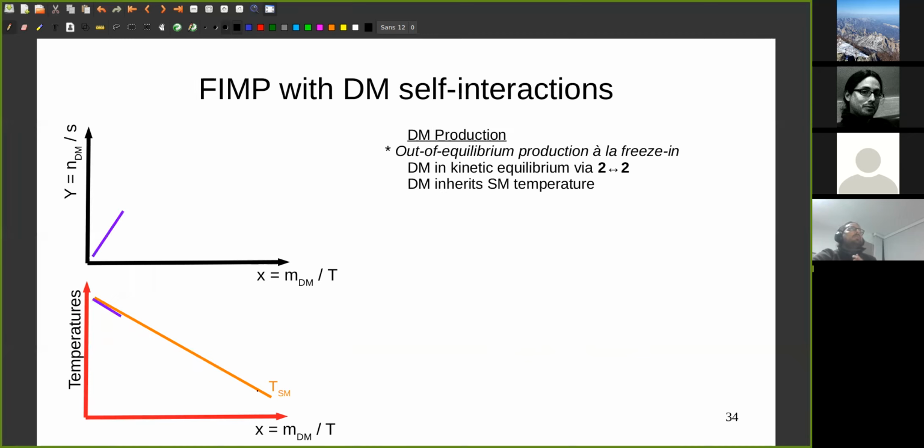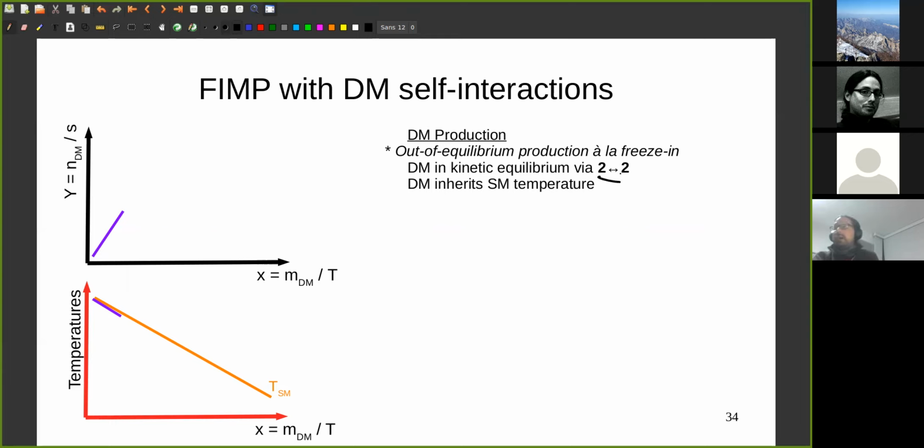So the idea is that we have first a production as a FIMP, so an out of equilibrium production, right? Exactly as happens with FIMP. So the dark matter abundance will grow slowly, exactly as in the case of the FIMP. However, if we have sizable self-interactions, the dark matter will reach kinetic equilibrium via 2-to-2 interactions.